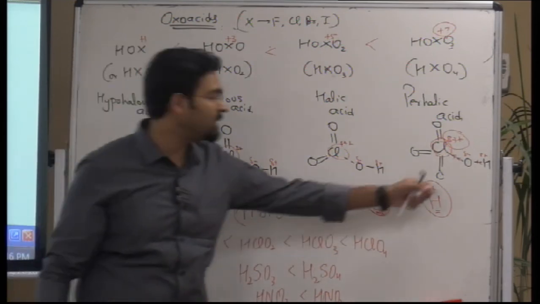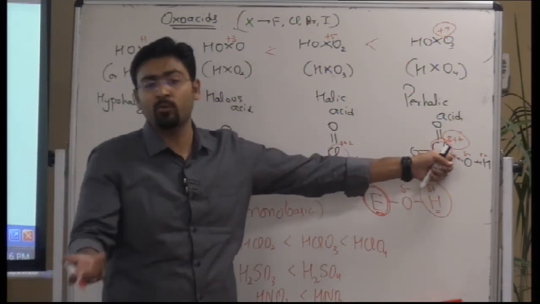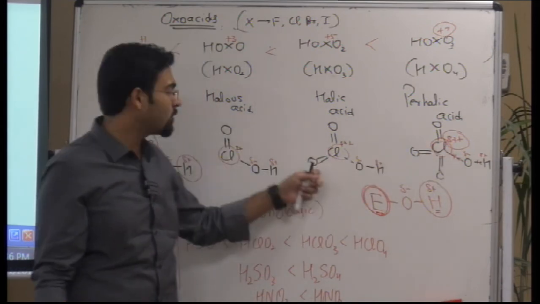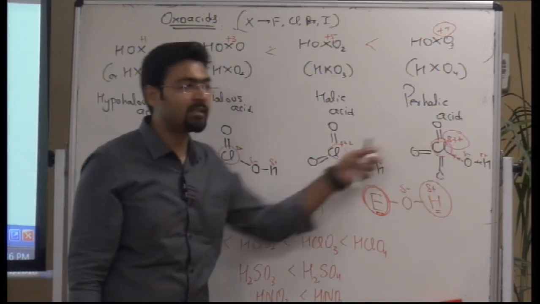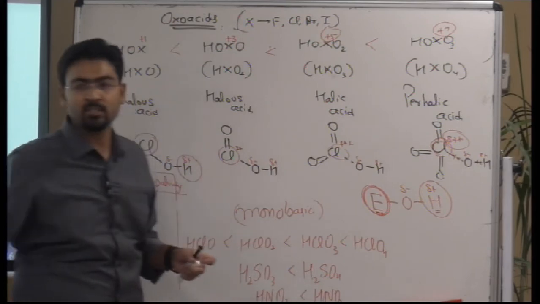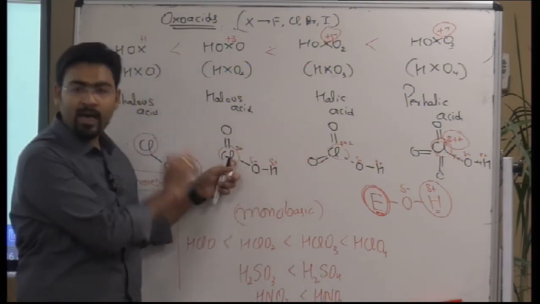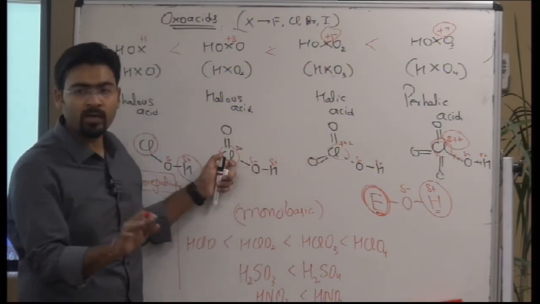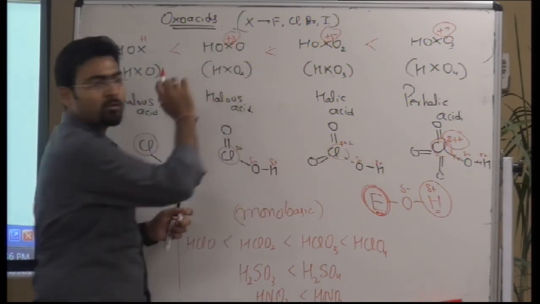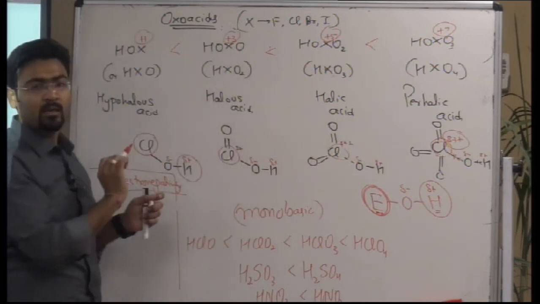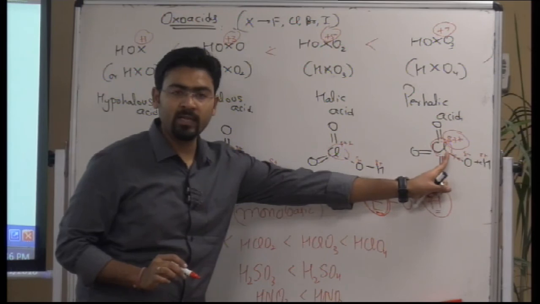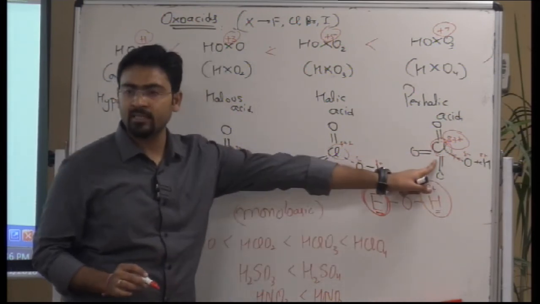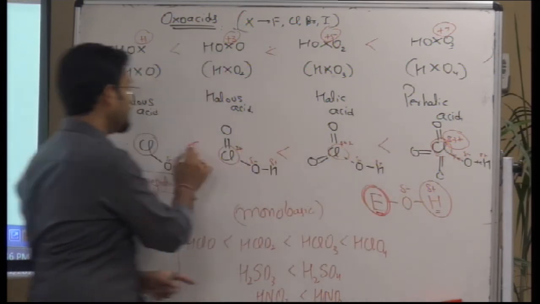So this chlorine will be highly electronegative, possibly more than oxygen. This chlorine will also be highly electronegative, but lesser than this because of lesser oxidation state. This chlorine will be more electronegative than a normal chlorine atom, but lesser than this one because of lower oxidation state, and so on. So higher the electronegativity of the atom bonded to oxygen, higher will be the acidic strength, and that is the reason why they are strongly acidic.